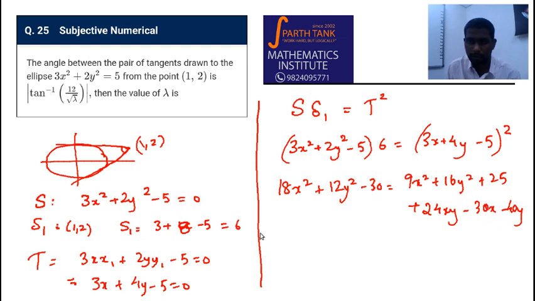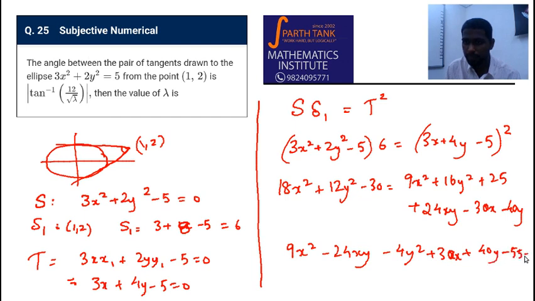Okay. Now I'm bringing all to one side. I get 9x squared minus 24xy minus 4y squared plus 30x plus 40y minus 55 is 0. Now this is the pair of tangents.